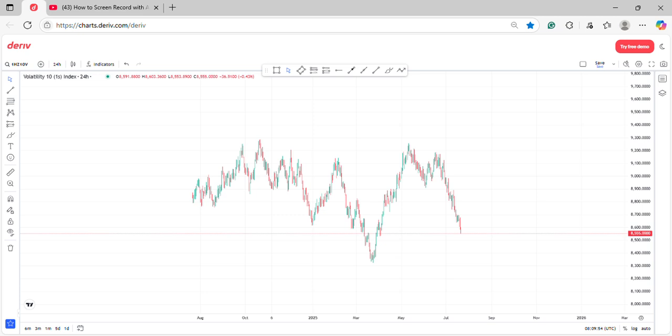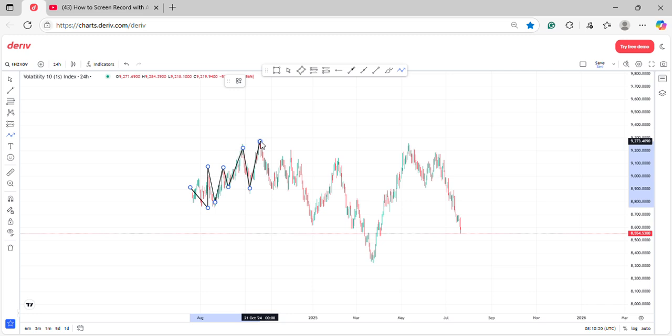Looking at my chart, you can see price was making a series of higher high, higher low, higher high, higher low. This was the last higher high that formed.